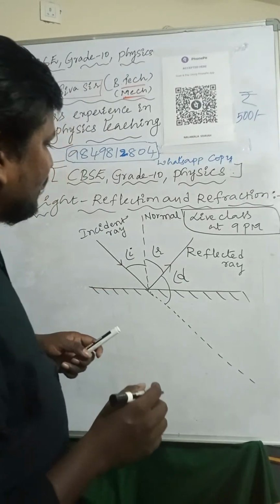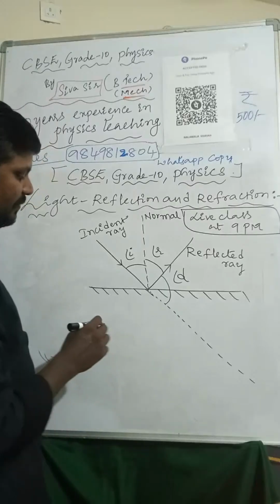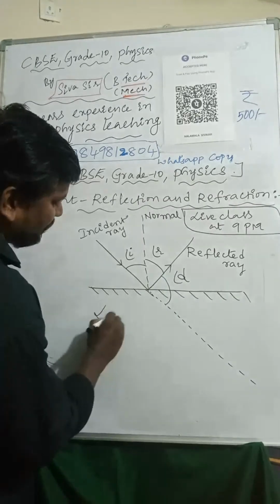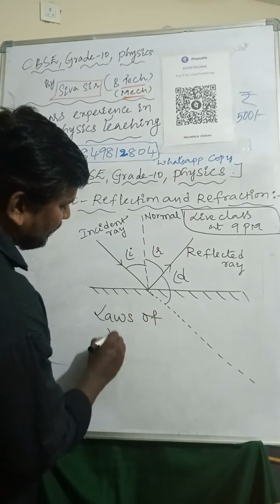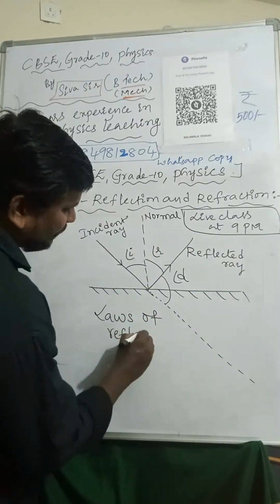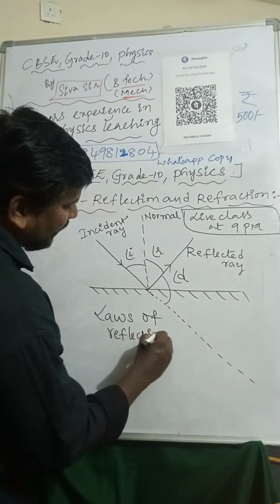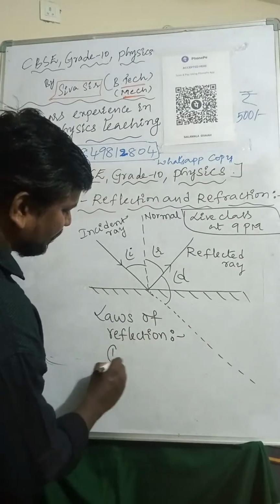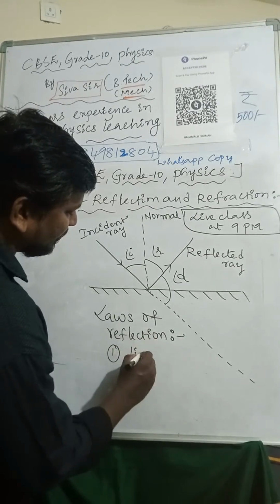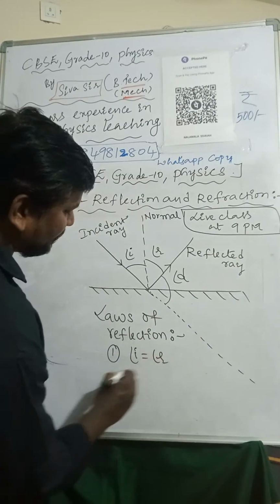Now, there are two laws of reflection. First, the angle of incidence is equal to the angle of reflection.